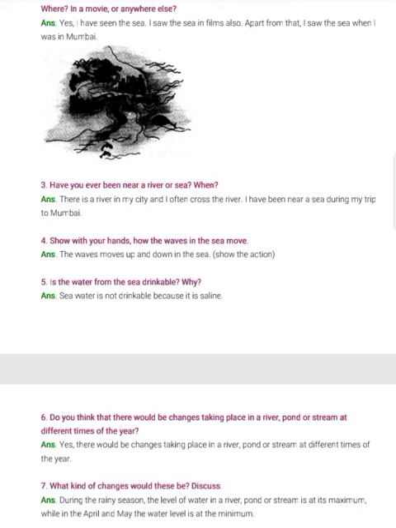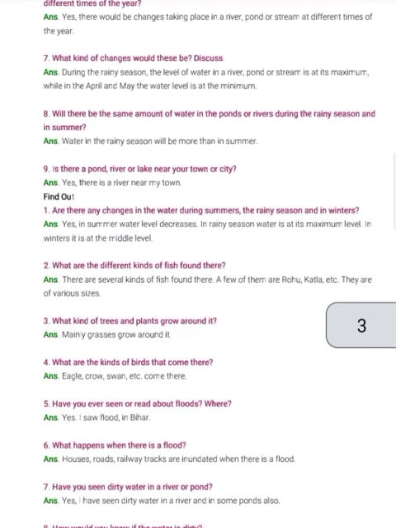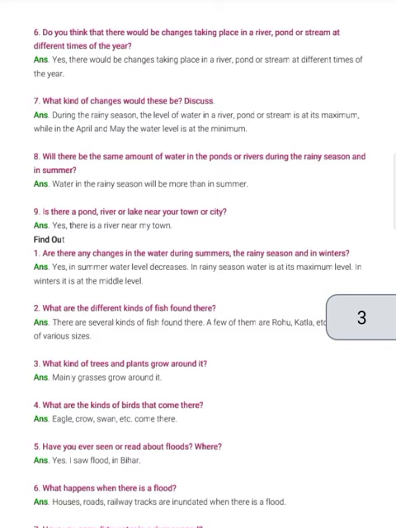Answer: during the rainy season, the level of water in the river, pond, or stream is at its maximum, while in April and May, the water level is at the minimum. Will there be the same amount of water in the ponds or rivers during the rainy season? The water in the rainy season will be more than in summer.